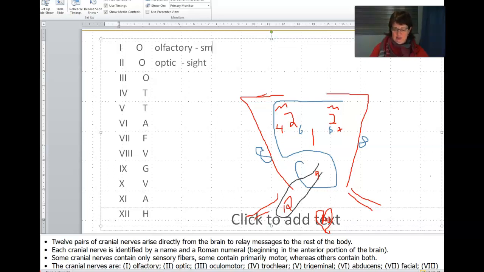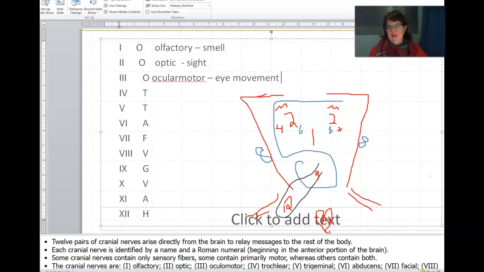Olfactory is used in smell. Now, number 3 is not really the eyebrows, but it's around the eye. So number 3 is to help your eyes move, so it's the oculomotor. And that is for eye movements.